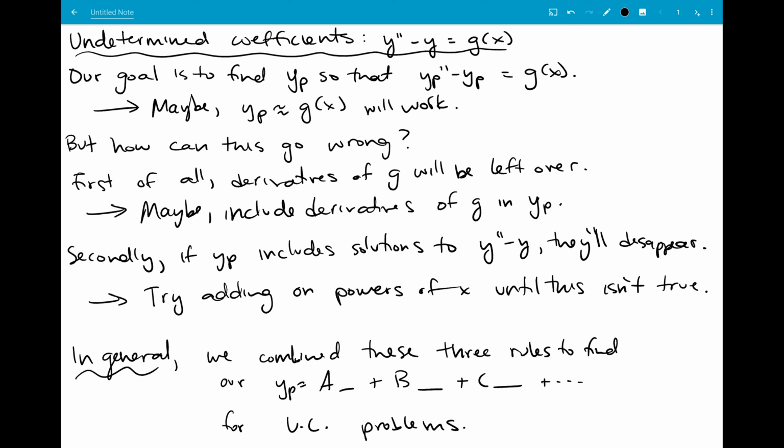And I just wanted you to get a stronger feeling for why that is, because there seemed to be a bit of confusion about where those y sub p come from. So just a reminder, pick the things that look like g, include the derivatives of g, and then add on powers if you already built that solution to make sure that you aren't repeating yourself and going to cancel things out.